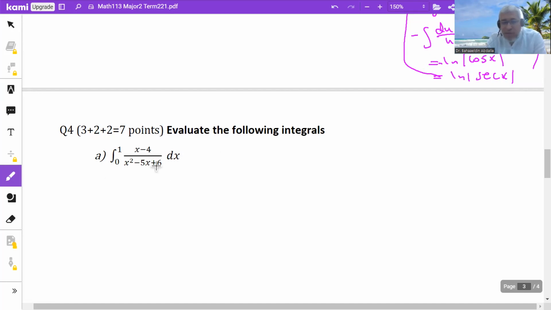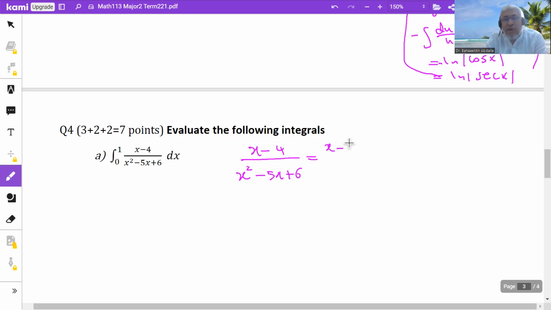We will have two integrals, and again we have to deal with this function, x squared minus 5x plus 6, this polynomial. So I will use section 7.4, partial fractions. So I will write x minus 4 over x squared minus 5x plus 6.